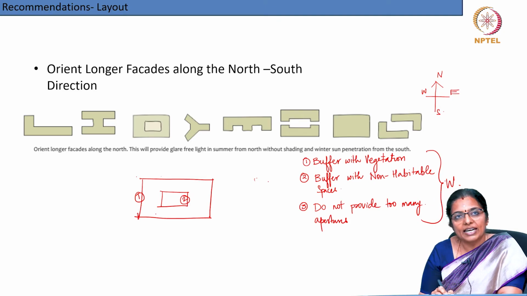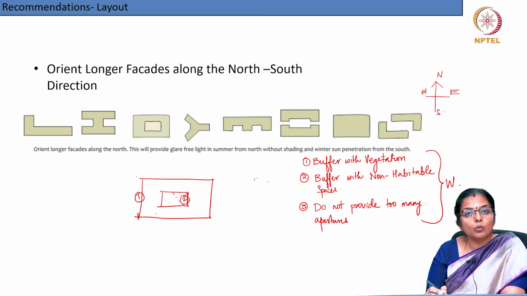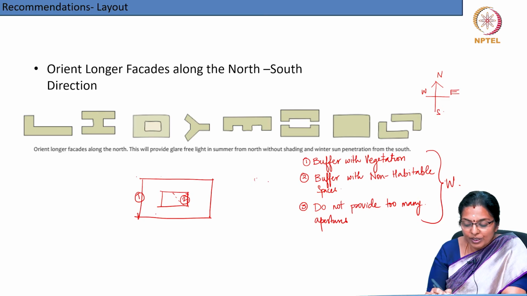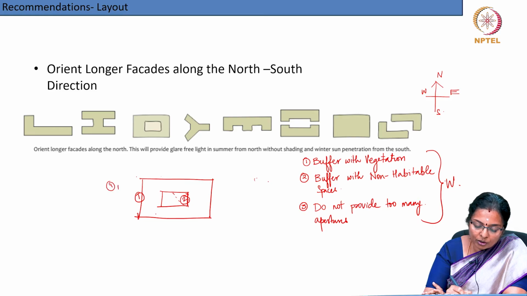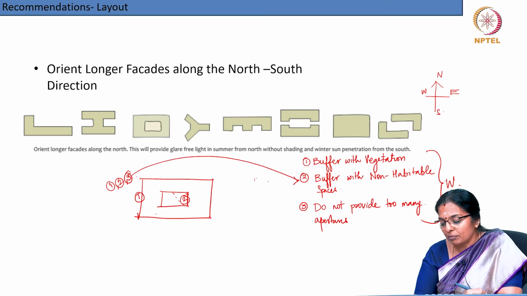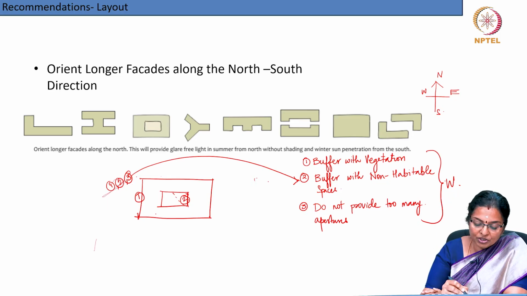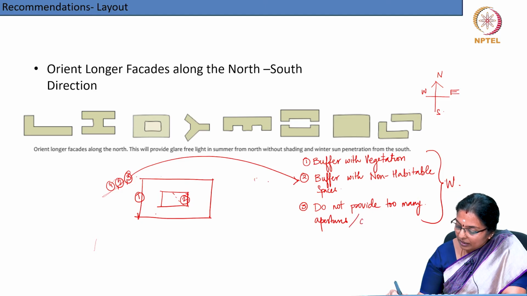Facade number 2 is at least saved a little bit because of the shade that may fall from this wall, but facade 1 is completely exposed, in which case you need to again follow the principle of 1, 2 and 3, which is this: buffer with vegetation, buffer with non-habitable spaces, and do not provide too many apertures, openings or fenestration.